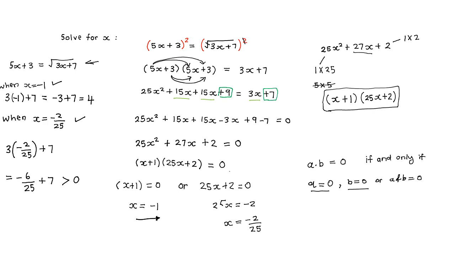So we're going to write NA in front of x is equal to minus 1, and that finalizes our solution. So our only valid x value that makes this equation true, in other words, makes the right-hand side equal to the left-hand side, is an x value of minus 2 divided by 25.